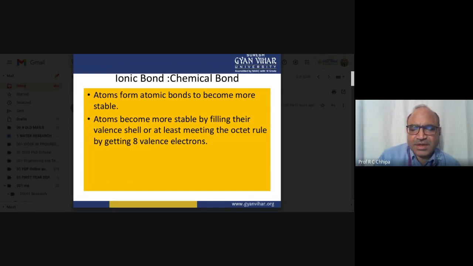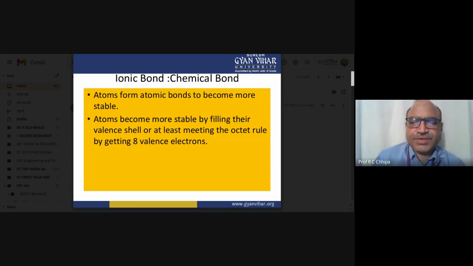Molecules are the smallest units of chemical compounds, where different atoms are bonded. So here we have to come to the ions. What are ions? Cations have a positive charge, anions have a negative charge.